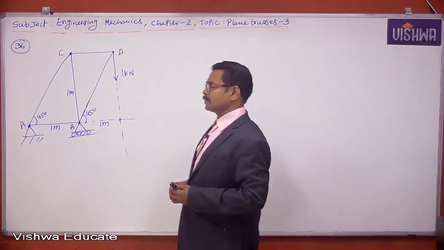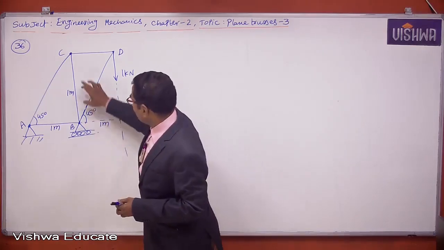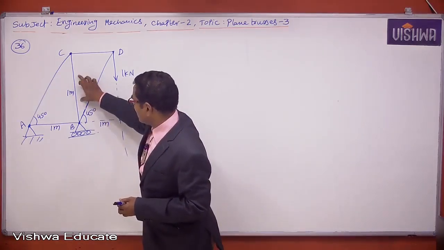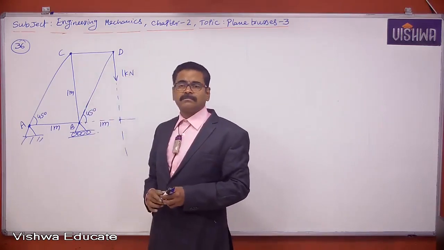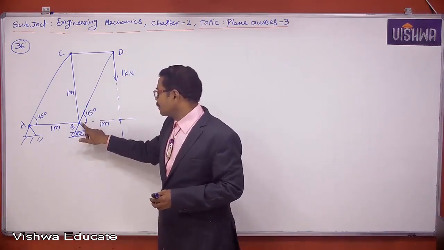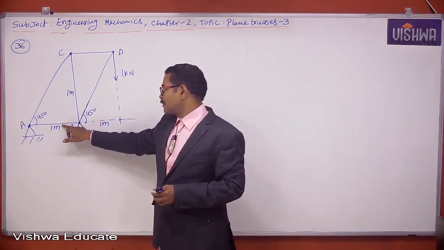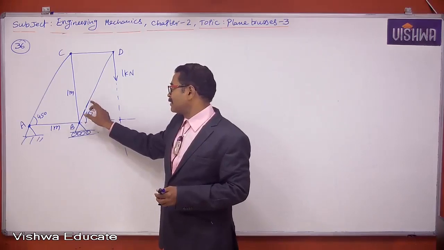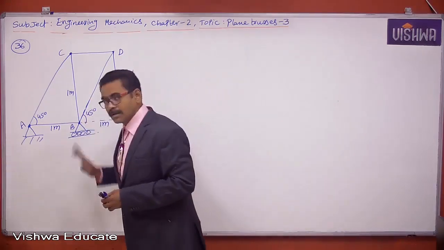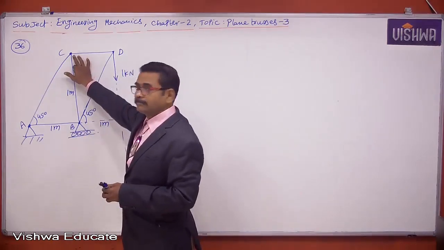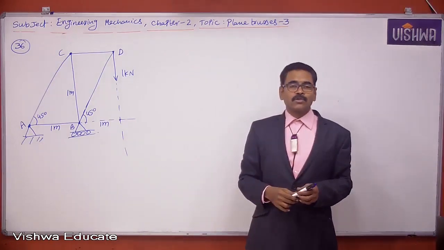Now what joint do I have to take? You have to find the load carried by member BC. First think about B or C. Can I take B? If I take B, how many unknowns will come? Force carried by this, this, and this: three unknowns. I cannot deal with B. Can you take C? Again at C, three members are joined, so three unknowns will come.